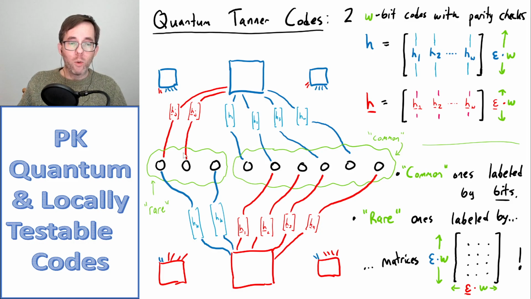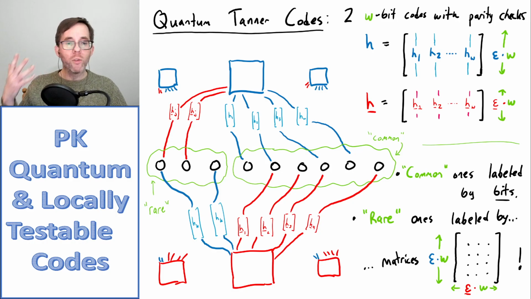Okay, so these rare sites will be labeled by rectangular matrices that are epsilon W high and red, underline epsilon W wide. Okay, so each site here will actually carry epsilon squared W squared bits of the code, and each site here will carry just one bit of the code. And altogether, these will form the bits of the code.